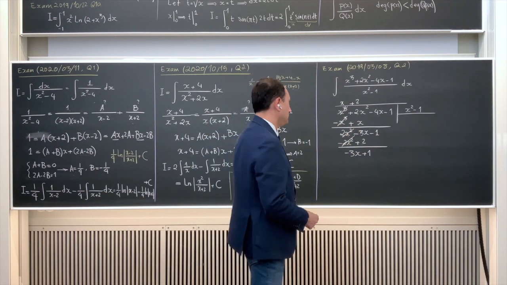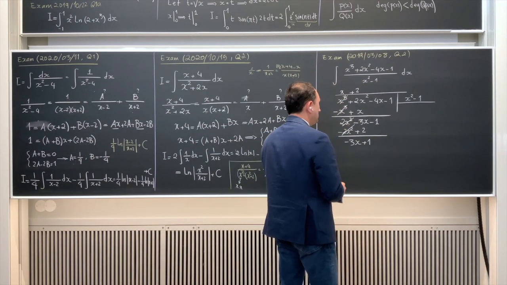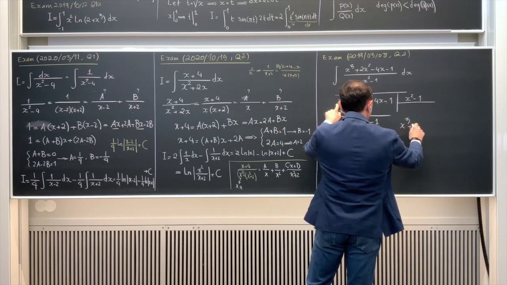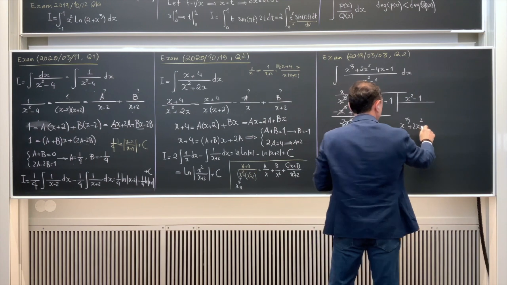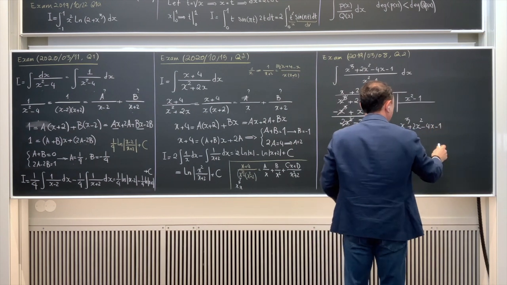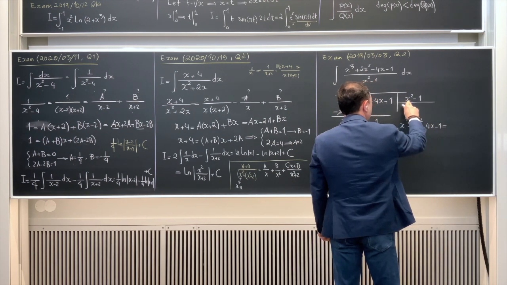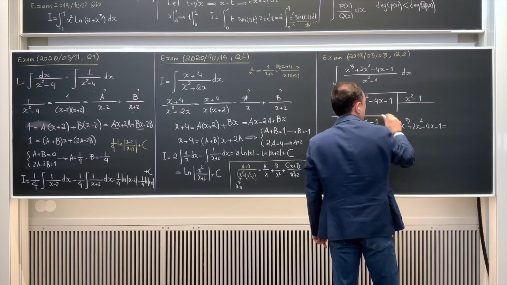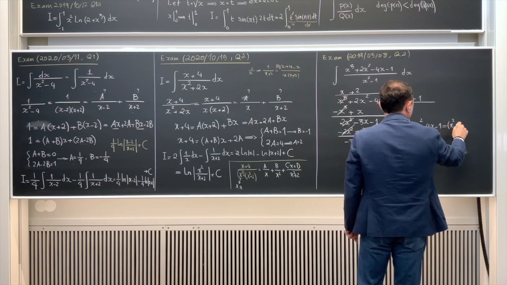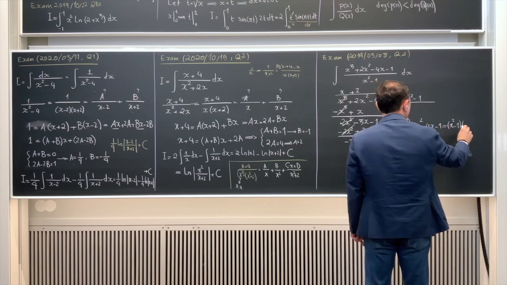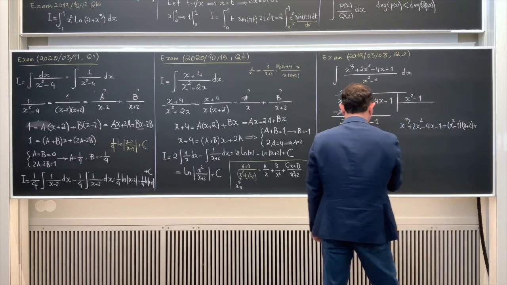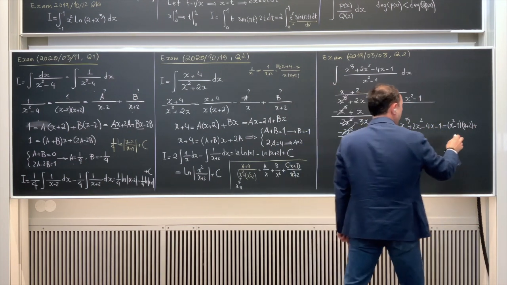When the process stops here, what does it mean? It means that the numerator is equal to this expression, which is the divisor, multiplied by that expression, which is called the quotient, plus the remainder, okay?